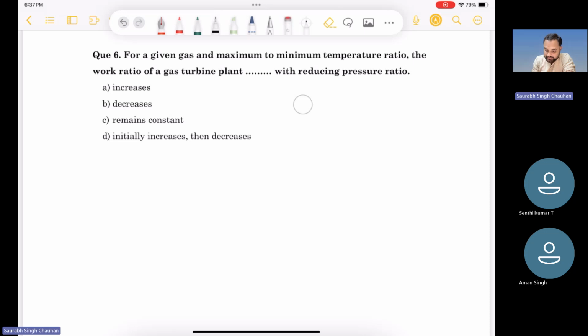So it is given that T max by T min is constant, and RP you are reducing.